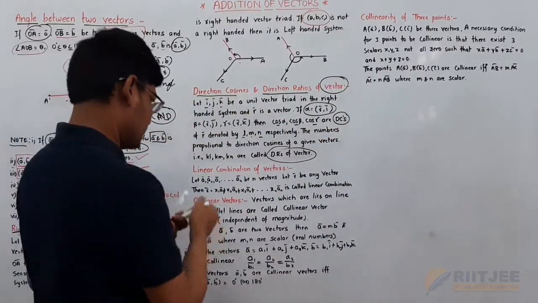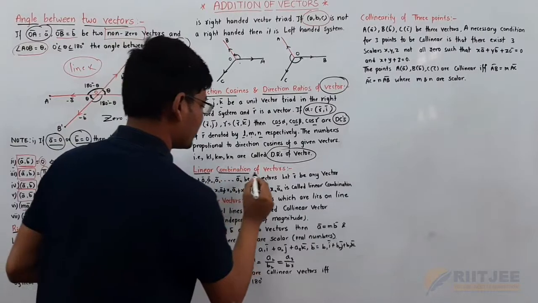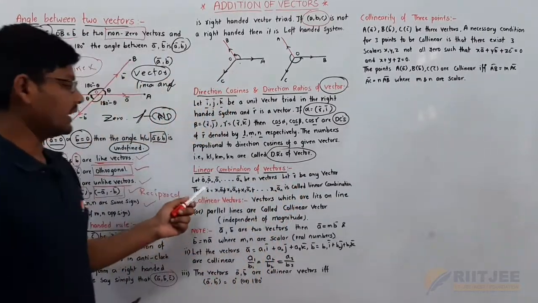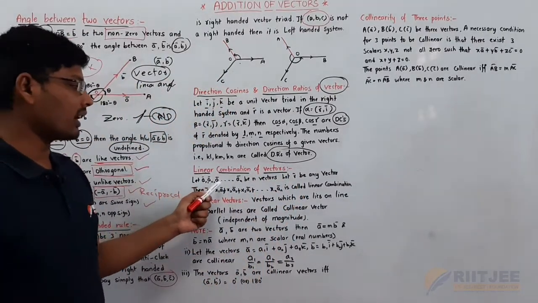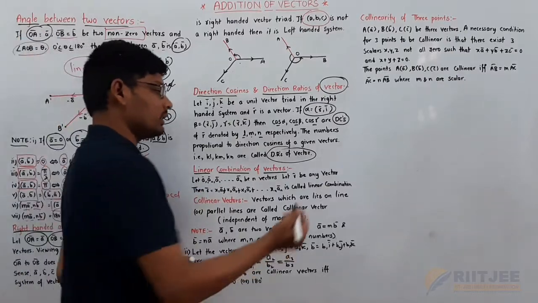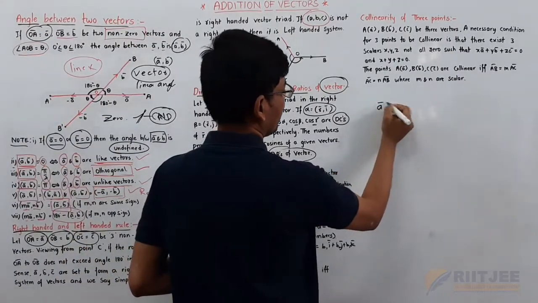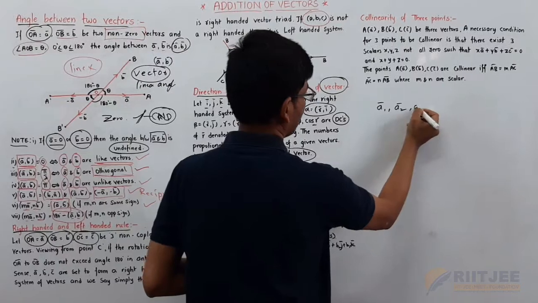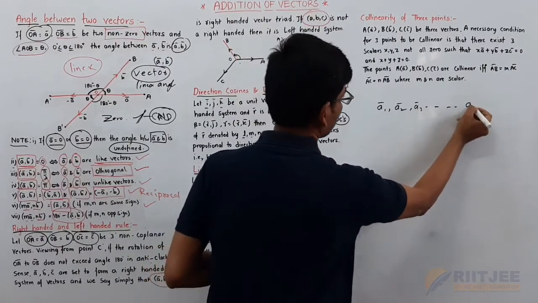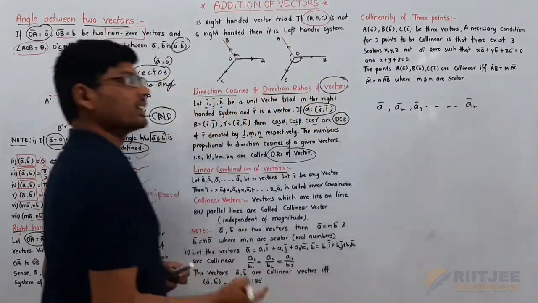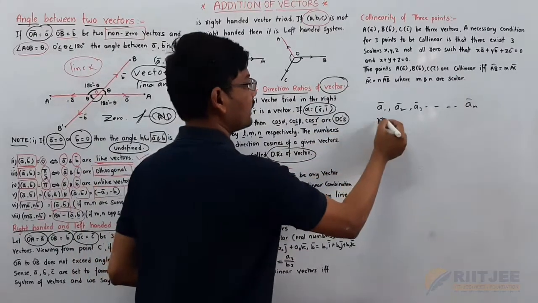The linear combination of vectors. Let a1 bar, a2 bar, a3 bar up to an bar be n number of vectors.